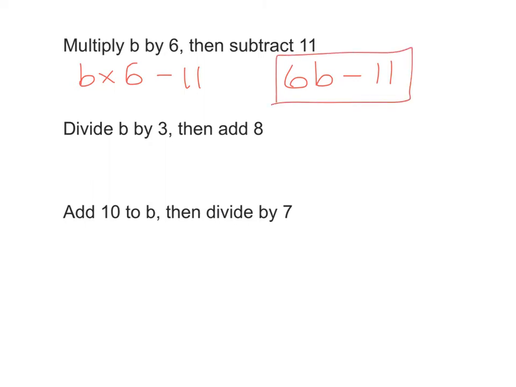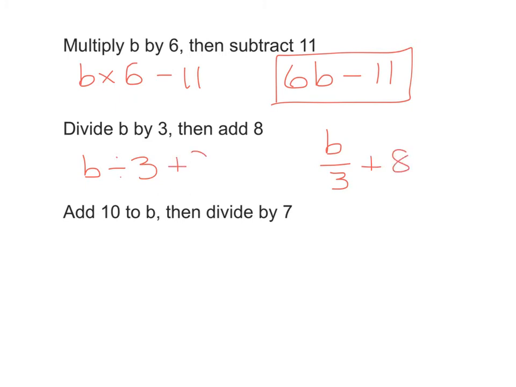On the second one, we want to divide b by 3 first, then add 8. So again, I could write divide b by 3 like this, but the correct algebraic way would be to take b divided by 3 this way, and then add 8.